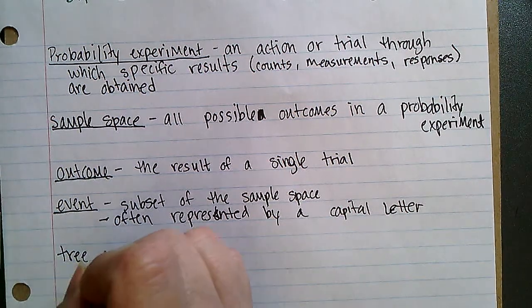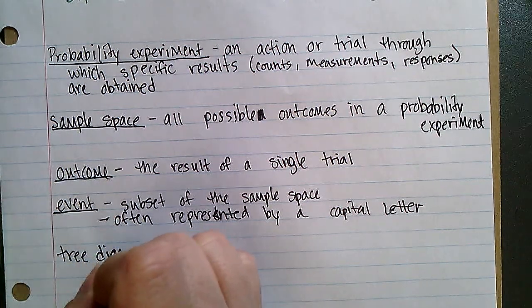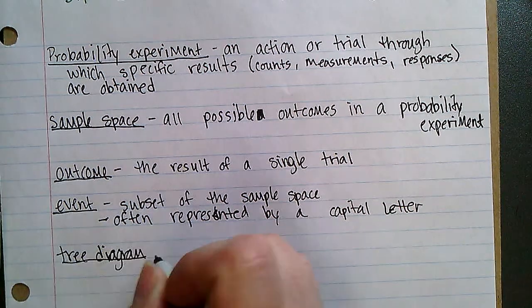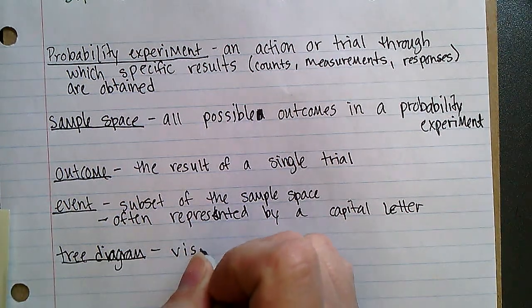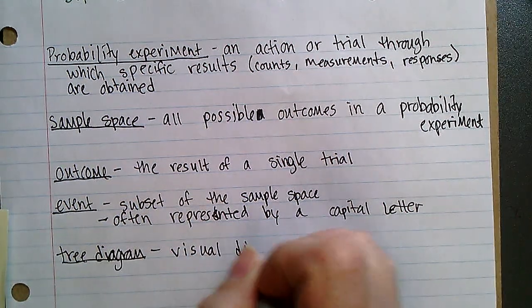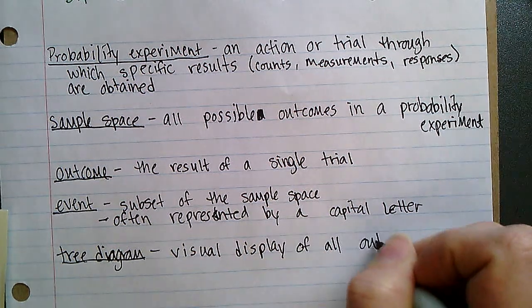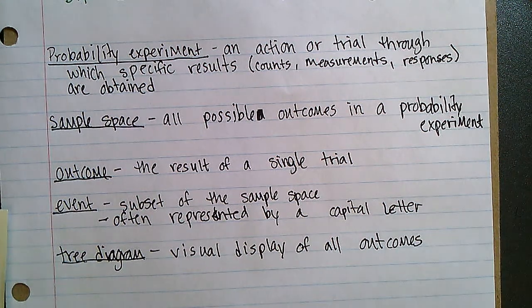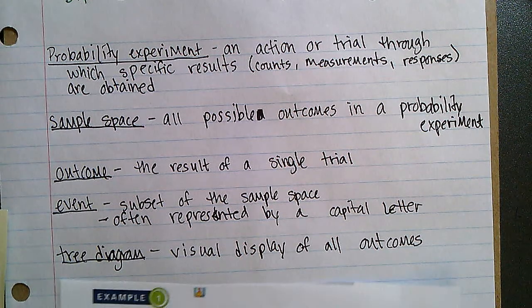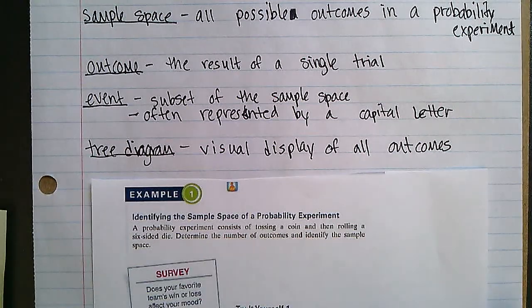A tree diagram is a visual display of all outcomes. Okay, so let's look at an example where we get to use some of these terms.